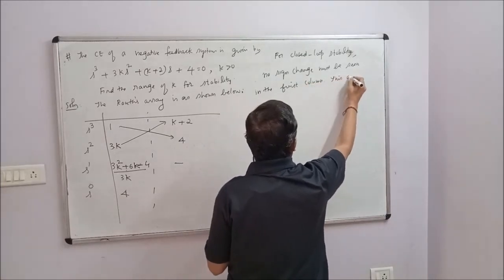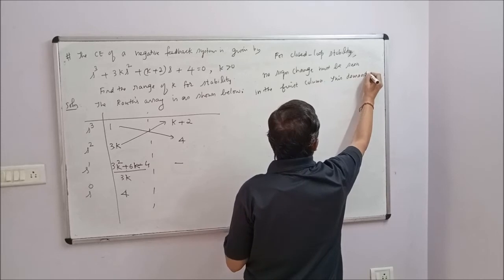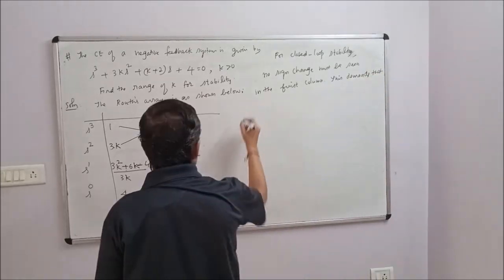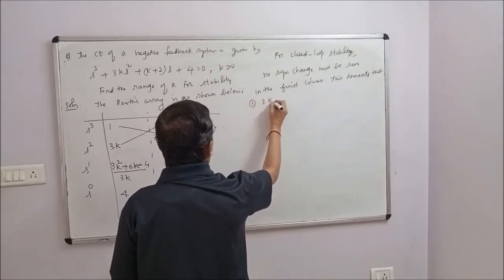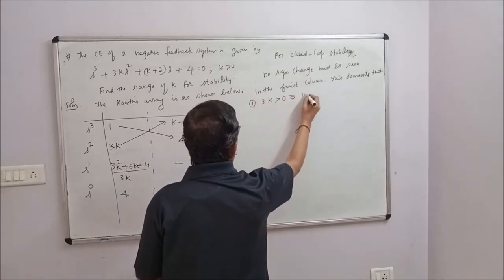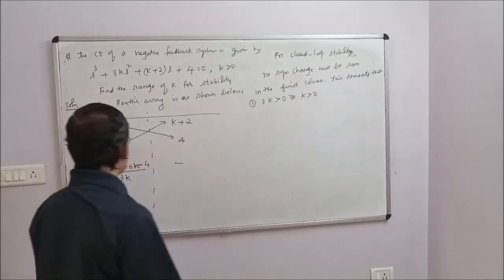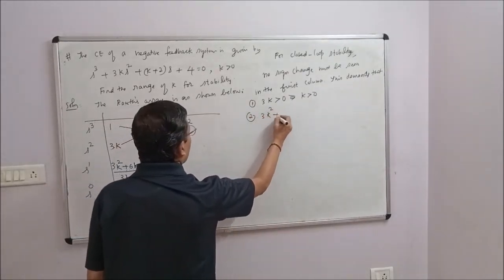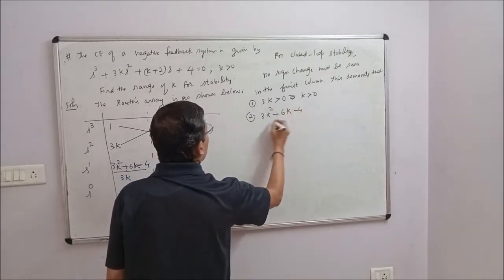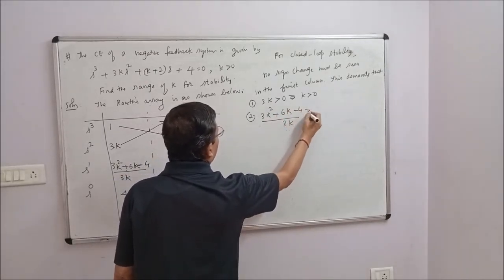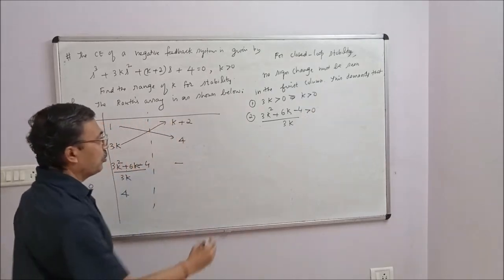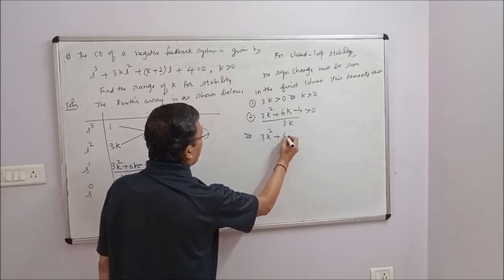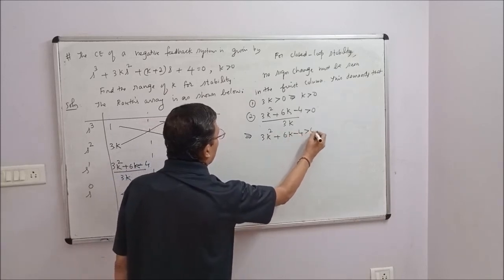This demands that first, 3K should be greater than 0. This implies K greater than 0. Second, (3K square plus 6K minus 4) divided by 3K greater than 0. If you cross multiply, you get 3K square plus 6K minus 4 greater than 0.